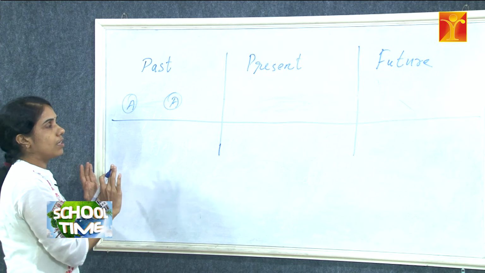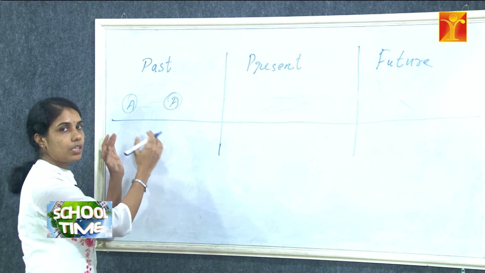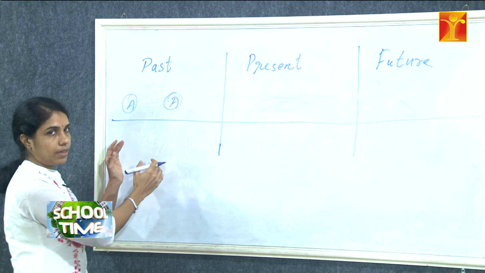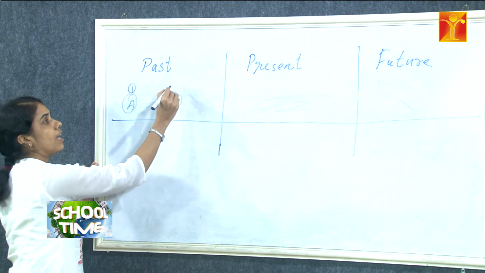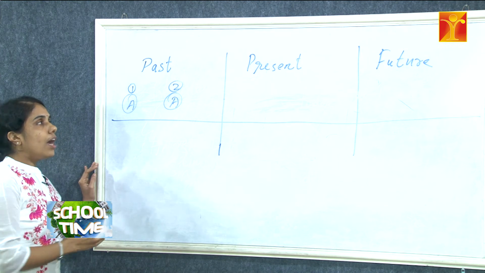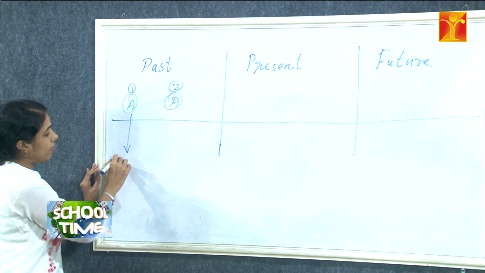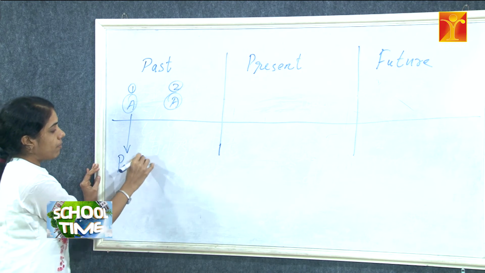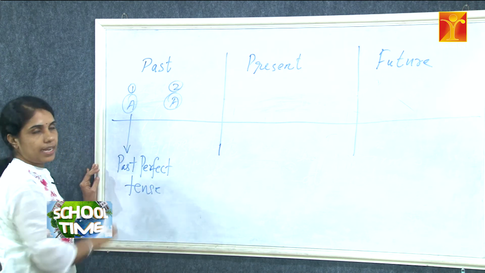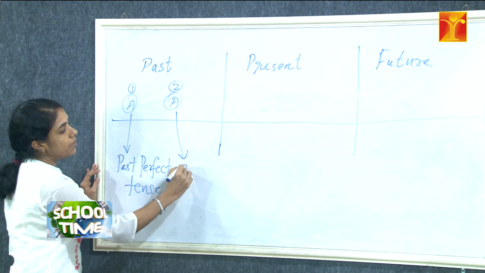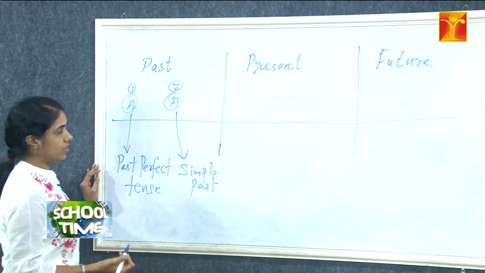So, two actions are there. When we want to talk about these two actions at the same time, this is the first past action and this is the second past action. And in such times, we should use the past perfect tense for the first action, and we use the simple past for the second action.